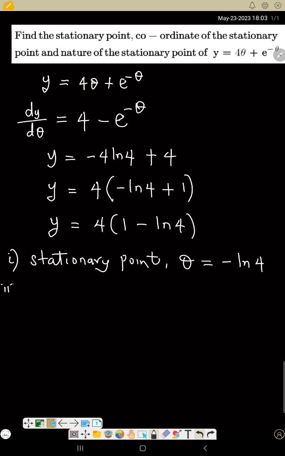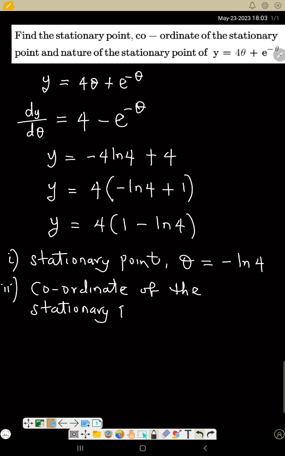So now the coordinates of the stationary points: minus ln 4, comma, that is when theta is minus ln 4, that we put here, y is this.